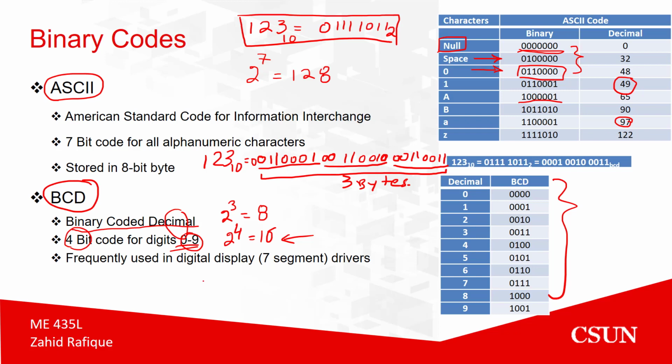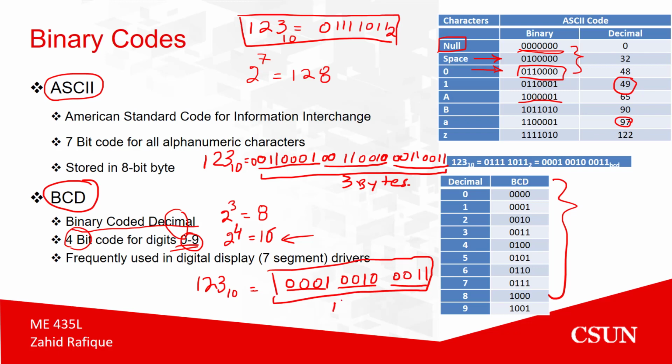Well, if I write BCD for 123, we know that it is going to be a 4-bit code for each digit, so I will write it for 1 as 0001. For 2, it is going to be 0010, and for 3, it is going to be 0011. So this is my BCD for 123.